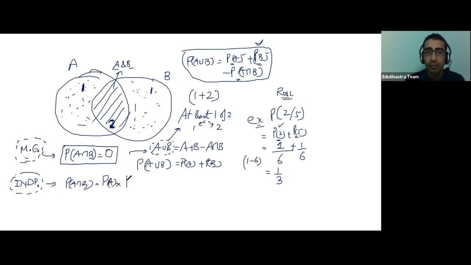P(A intersection B) is nothing but P(A) into P(B) for two independent events. And of course, the formula now changes. The main formula, probability of A union B, probability of at least one of the two events happening, A or B, would be nothing but probability of A happening plus probability of B happening minus P(A intersection B), which happens to be minus P(A) into P(B).